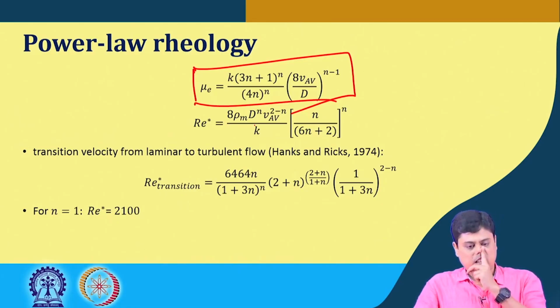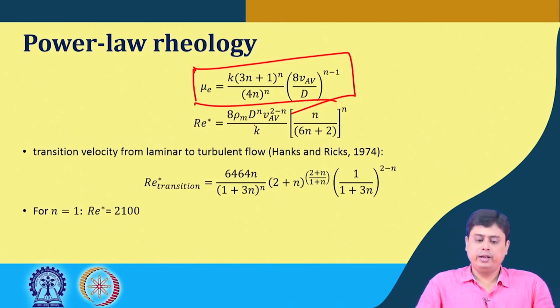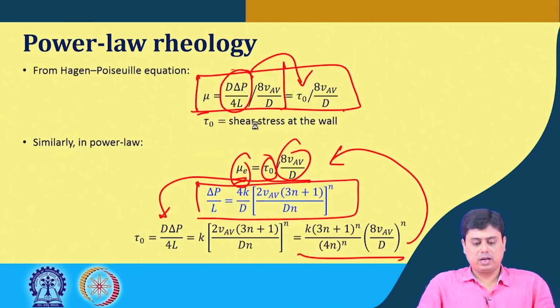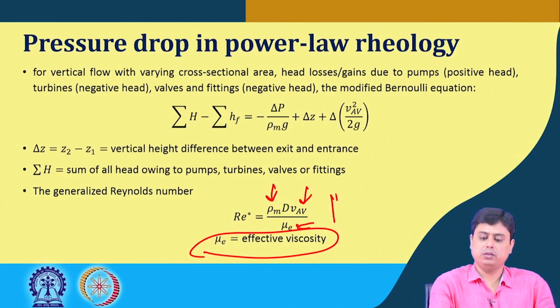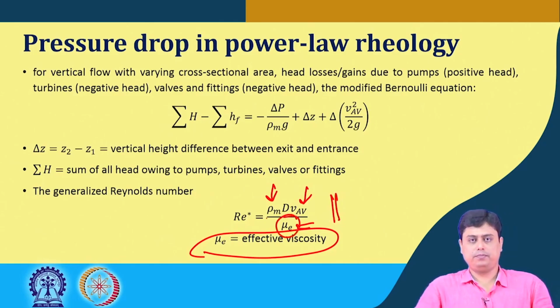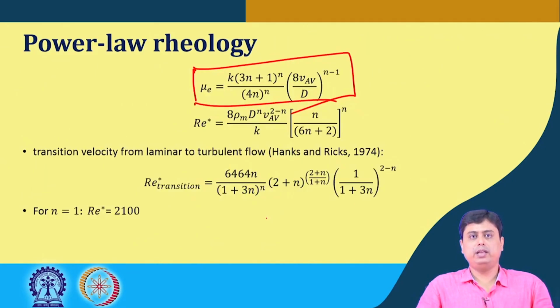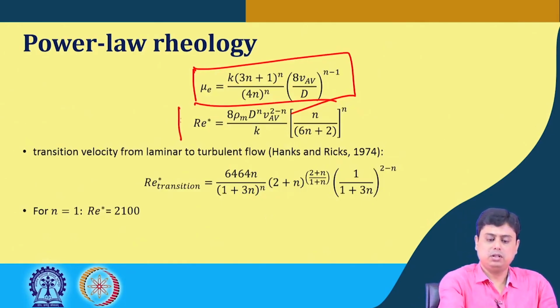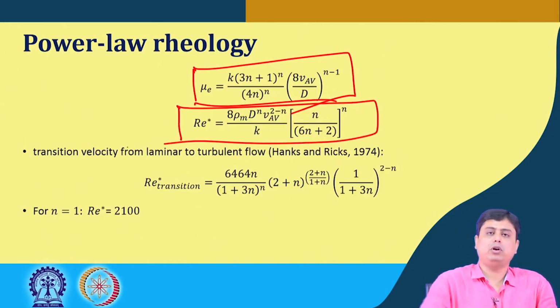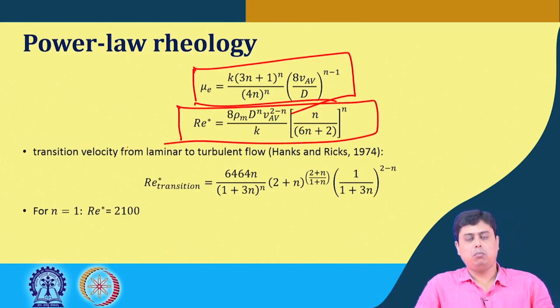Now the Reynolds number, consequently, because we started with this expression, we wanted to find what is the expression of effective viscosity. Now we have got that expression, so we substitute that effective viscosity in this expression and we get this expression as the modified Reynolds number for power law liquids or power law fluids.